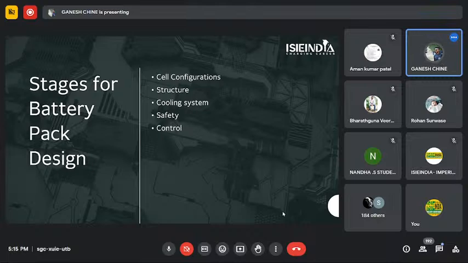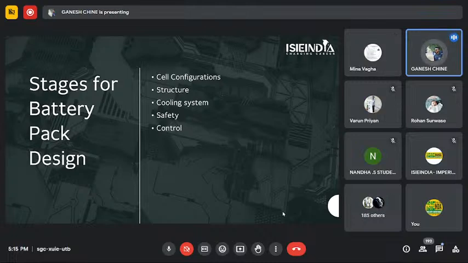Then the structure. While designing the battery pack, we require a robust structure. That means we require the case, cover, end plates, tie rods, and cell holder.